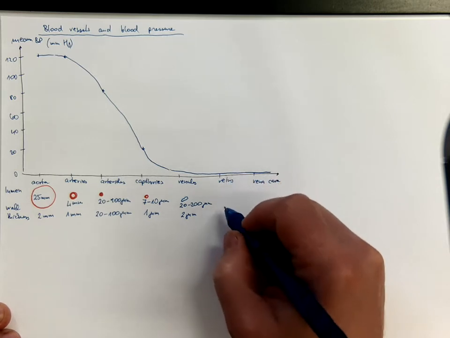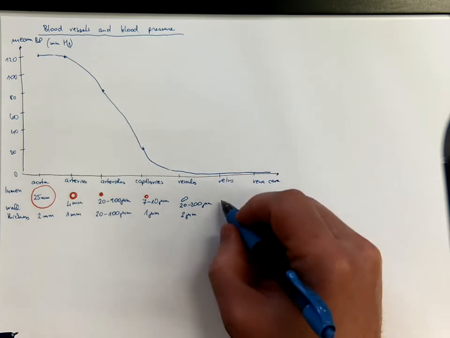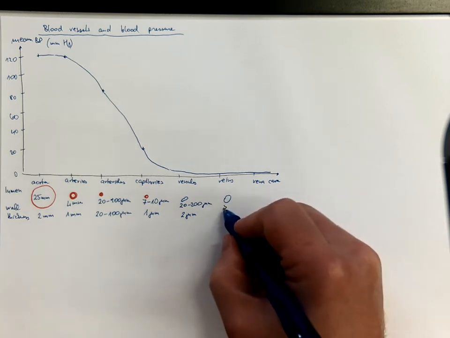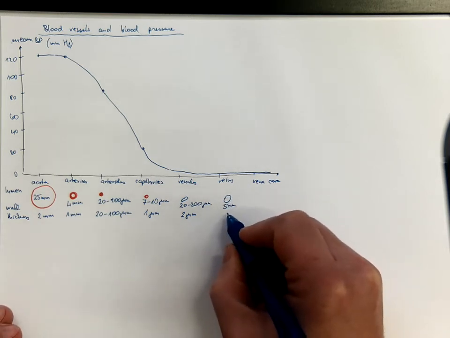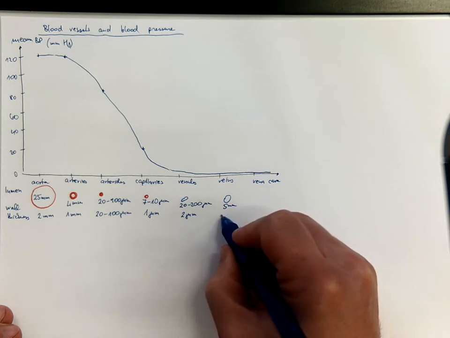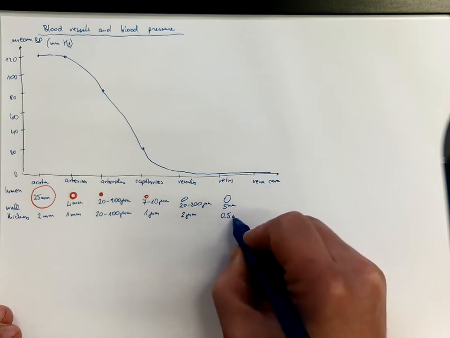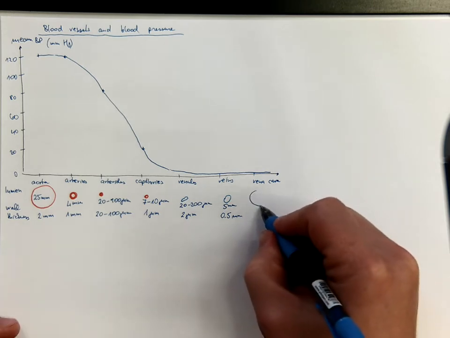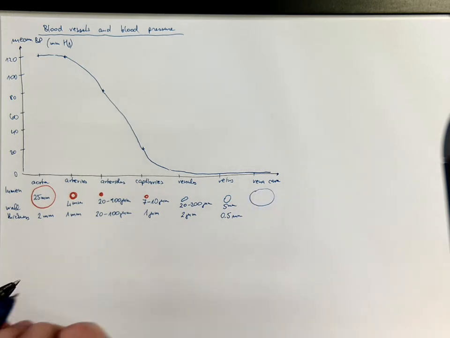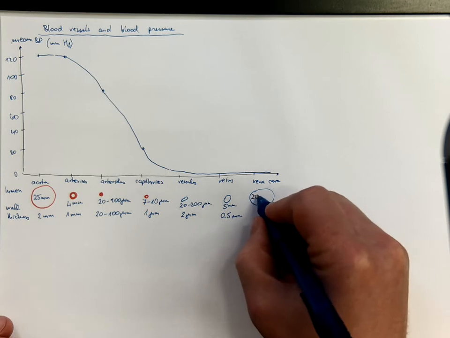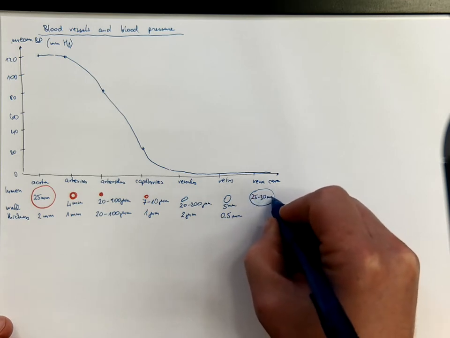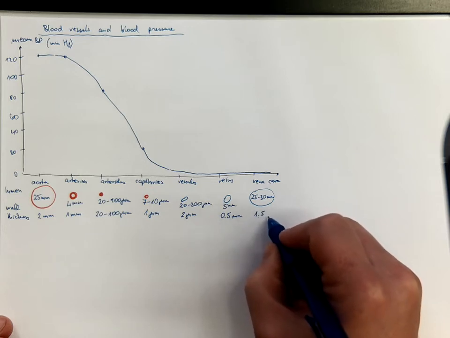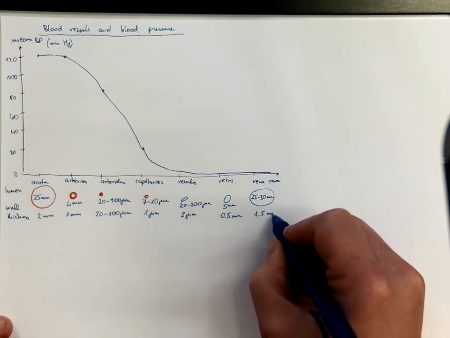The veins with the 5 millimeters diameter would have the wall thickness of 0.5 millimeter, and the largest veins like the vena cava, ranging between 25 to 30 millimeters in diameter, have a wall thickness of like 1.5 millimeters.